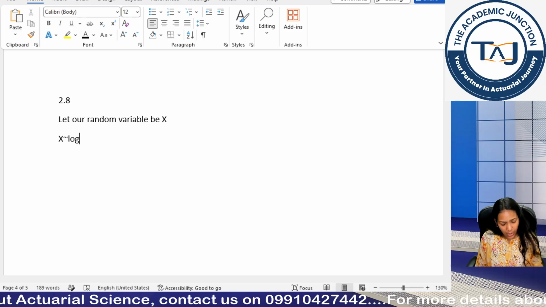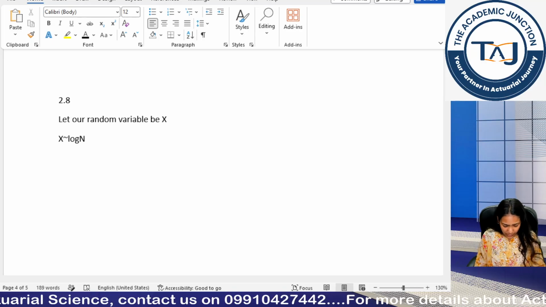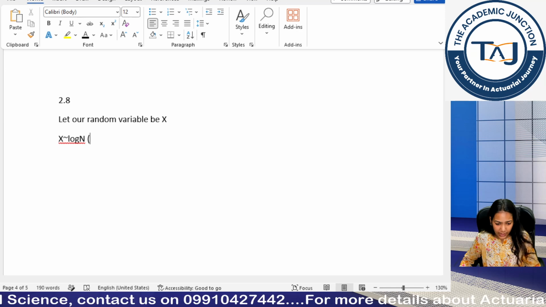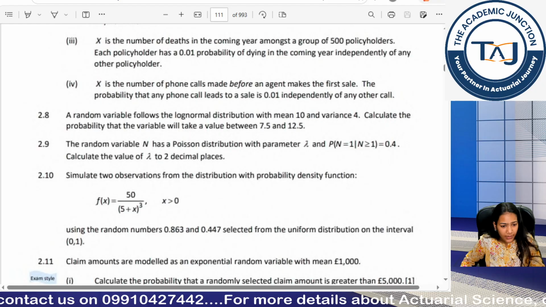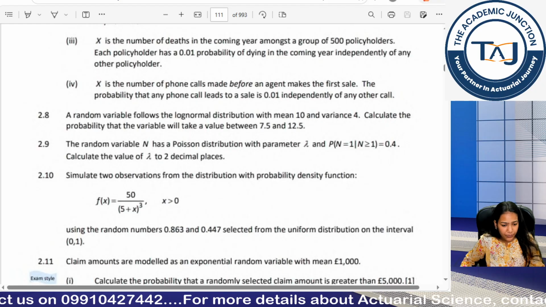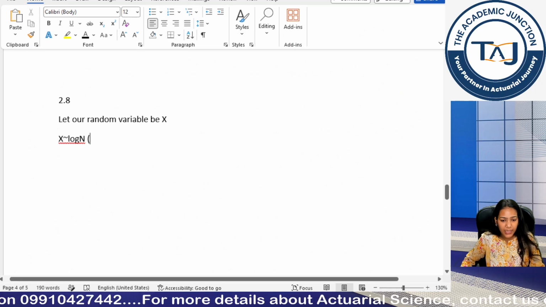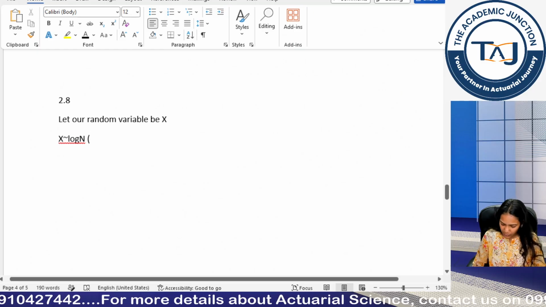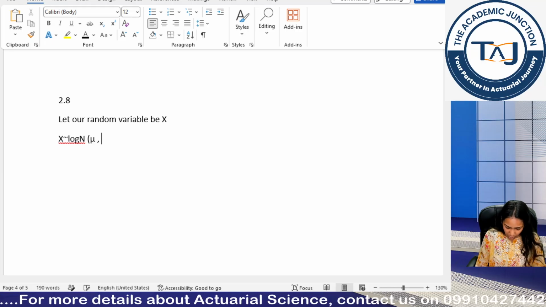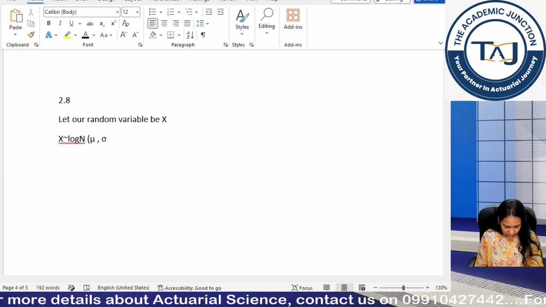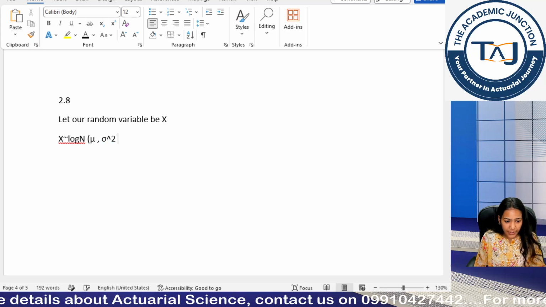Log and n. And let's check the variables once. We have the log normal distribution with 10 and 4, mean and variance. So what is mu? Mu is 10. So let's say it's mu comma sigma square, because we have been given.